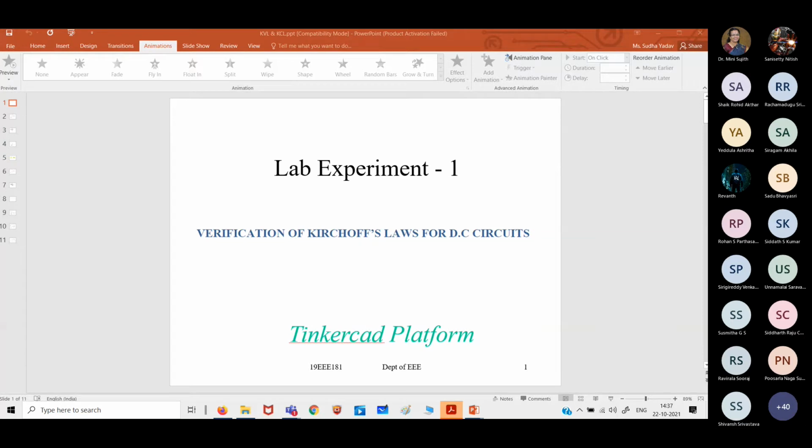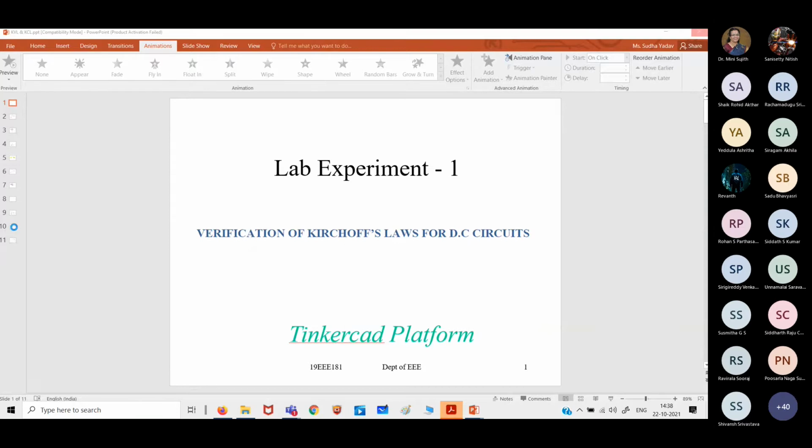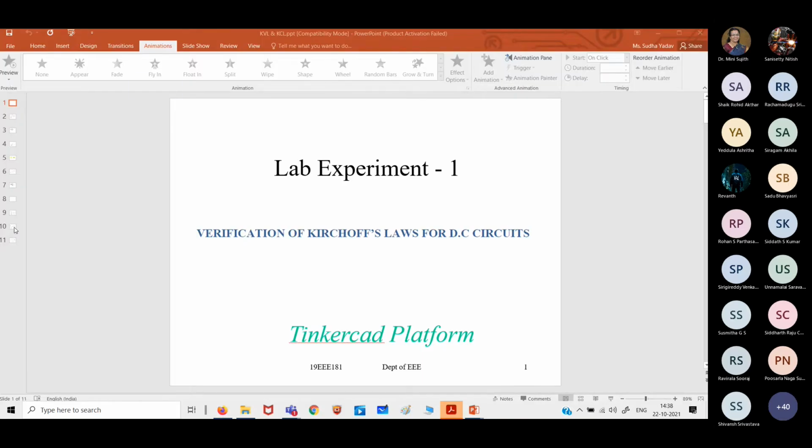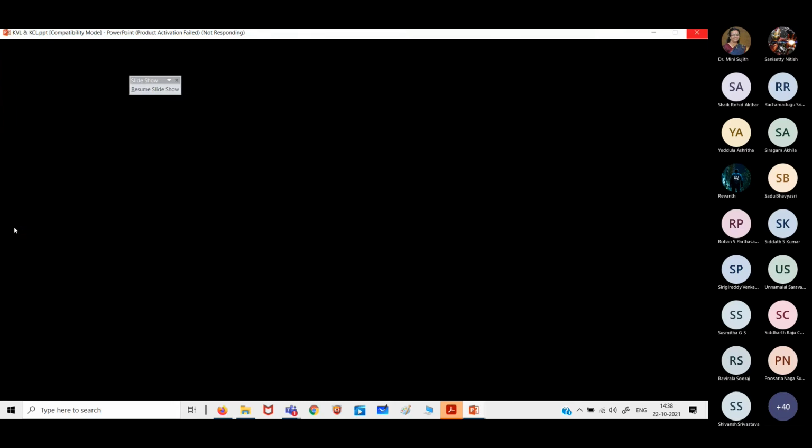So all of you have to calculate theoretically, then only you can identify whether whatever you are getting in Tinkercad is the same as whatever you have calculated. There is the last slide, I think last but one. That slide had my values. Anyways, I have it in the book also. So let me go to the last slide.